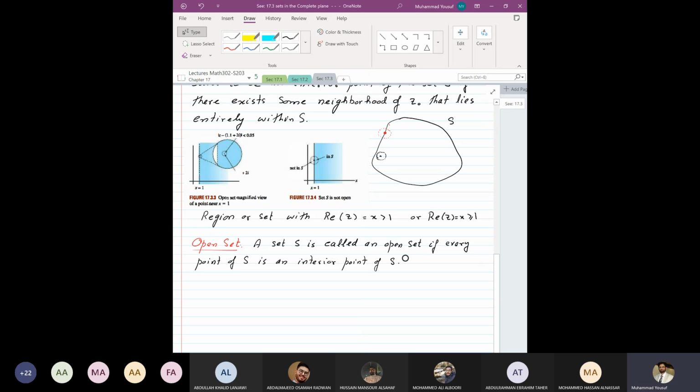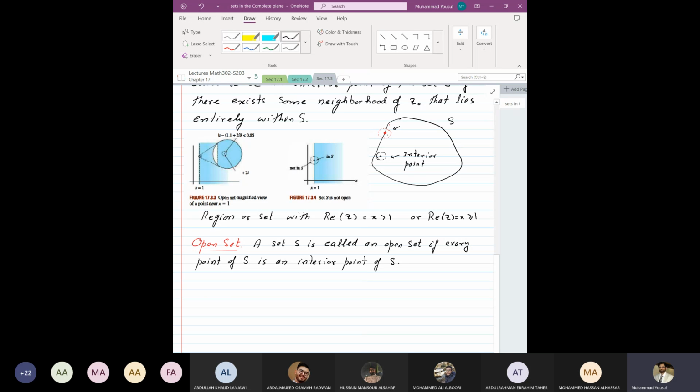So here we say that this is an interior point and this is not an interior point, or we say boundary point.